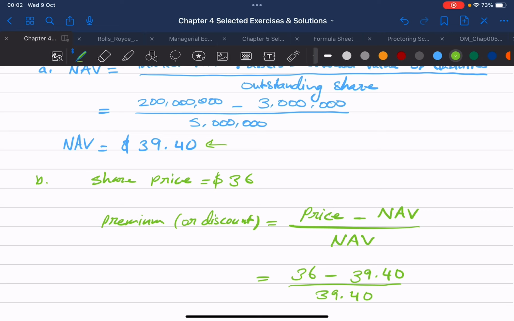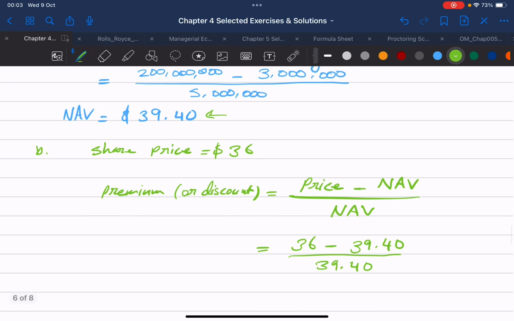Now we already can see from the numbers we have that it's going to be a discount because the market price, as you can see here, is lower than the net asset value. Okay, so that will be your first indicator. But anyhow, let's do the calculation. Equals minus 3.4 divided by 39.40.